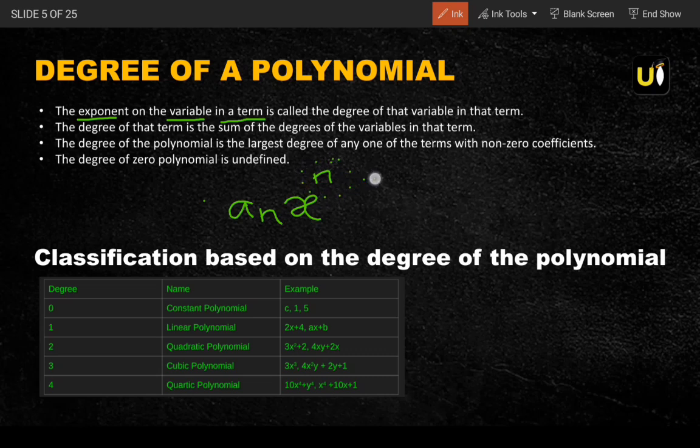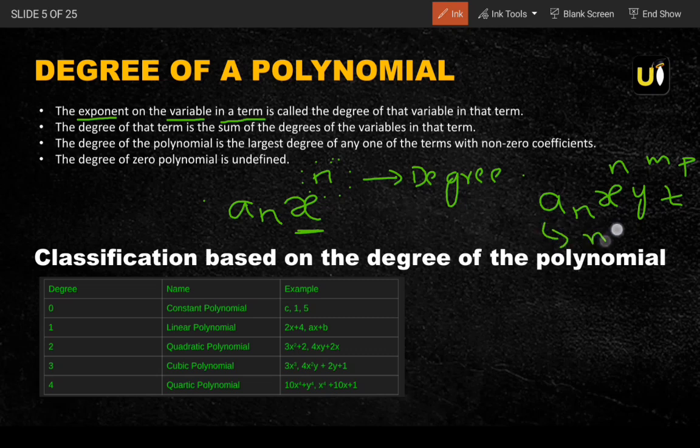Next, this is in a case where there is only one variable. But for example, if you are having multiple variables, let us consider the term a x^n y^m z^p. So now the degree of this term is n + m + p. So we have to add all the exponents of the variables. So the sum of the exponents of the variables is the degree of that particular term.